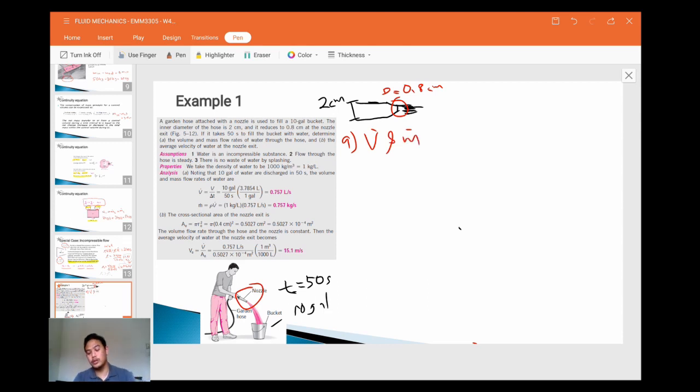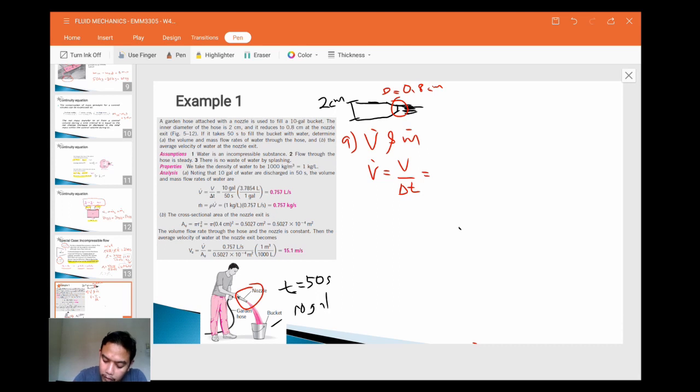We know that the volume flow rate is volume divided by time, meaning how long it takes to fill the volume in the duration of time.